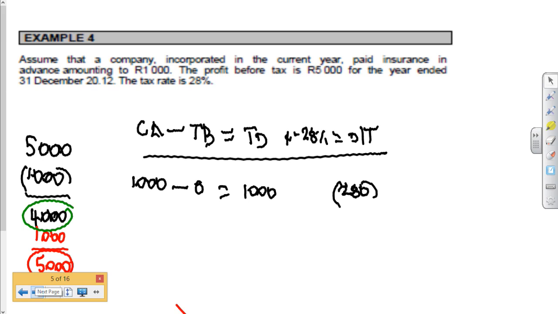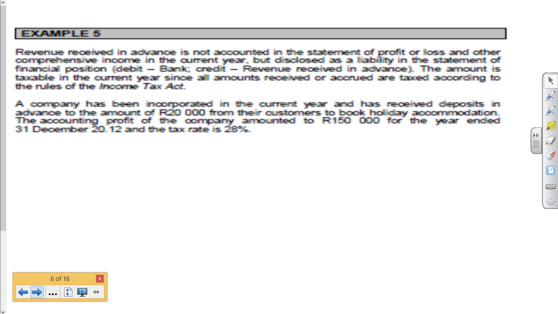The next example we have is example 5, if I remember correctly. And example 5 is a liability now, and it's a liability that relates to income. Revenue received in advance is not accounted for. This is the piece that I want.